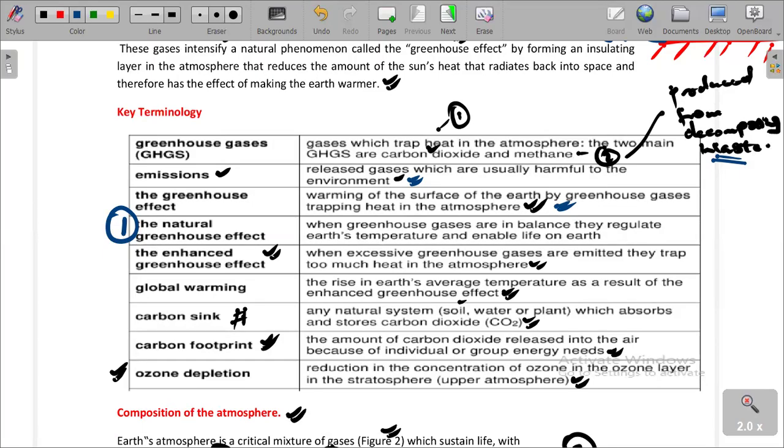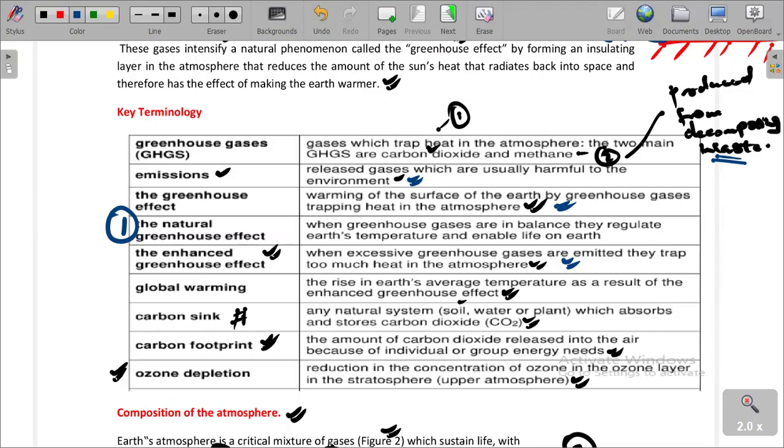Hence, we have a balance that regulates temperature and sustains Earth to have life of its various organisms. And then the enhanced greenhouse effect is when excessive greenhouse gases are emitted. They trap too much heat in the atmosphere, which we have already mentioned.